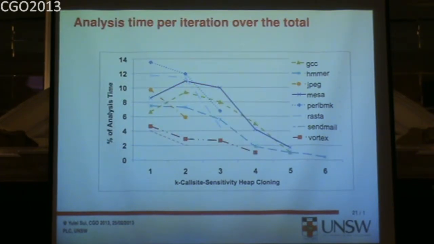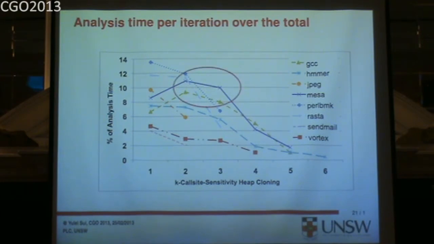And here is the analysis time per iteration over the total. We can see that after the first iteration, the following iterations take a relatively small percentage of the total. That is because only the heap-related part of the program needs to be adaptively updated, guided by the query, and the other parts of the program remain unchanged.